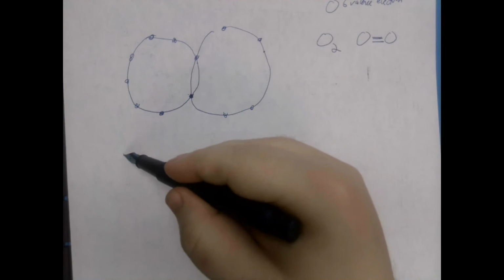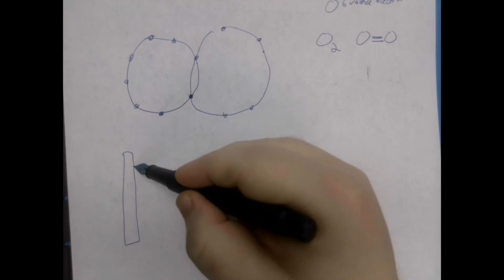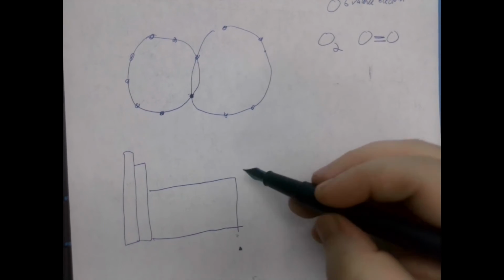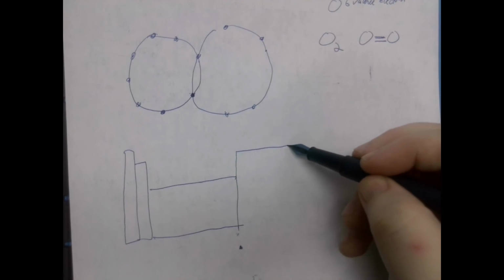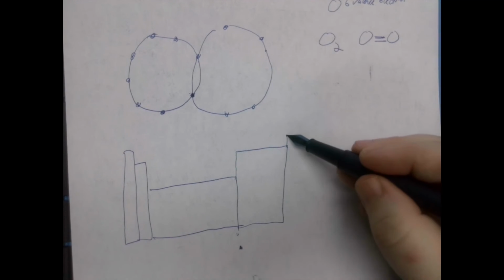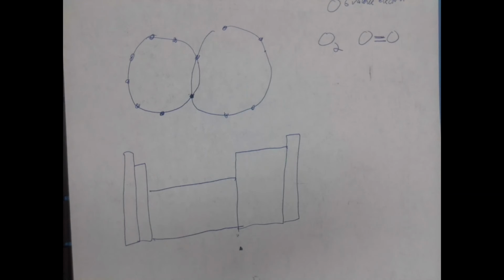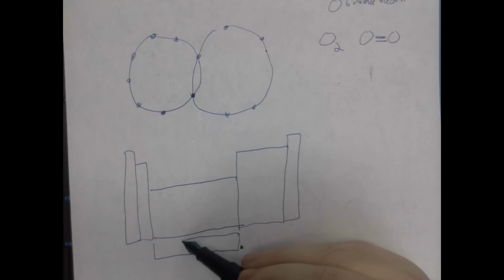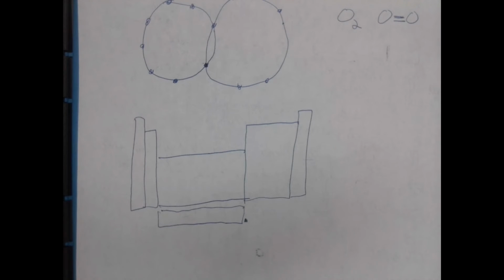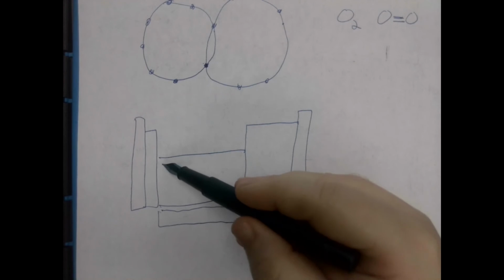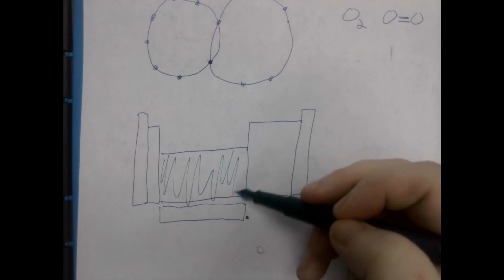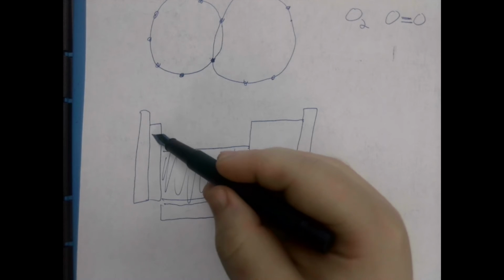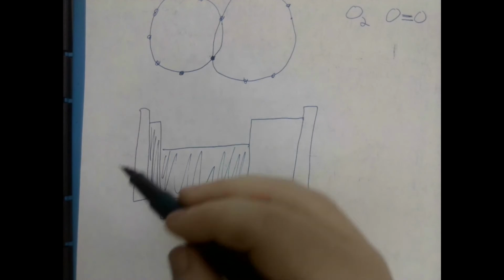So when I draw the periodic table, where are all the metals? These are called transition metals. These are called the alkaline earth metals.